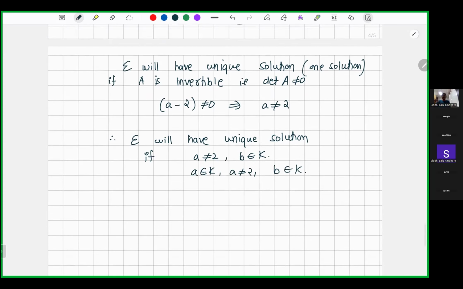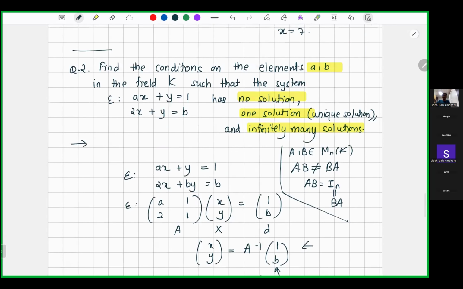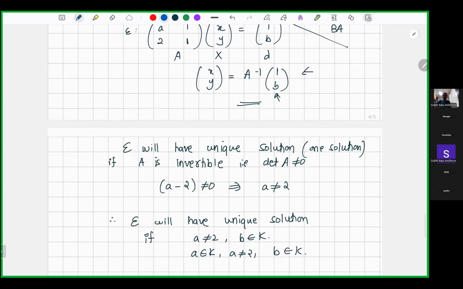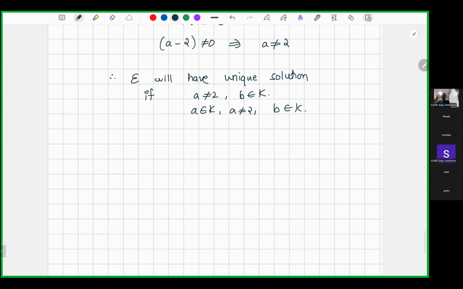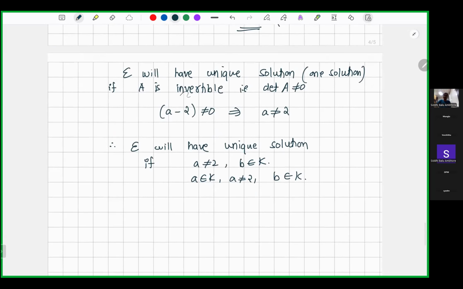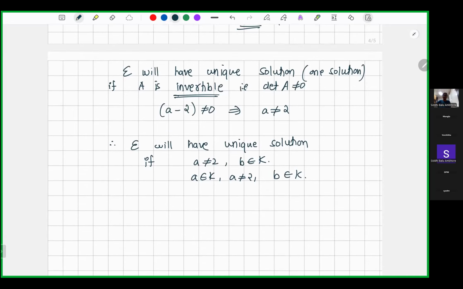So the condition where A is invertible, we get that the system will always have a unique solution, and we are through with this one. We already found the conditions where the system has a unique solution. Now, what about the rest? The invertibility took care of the one solution part.